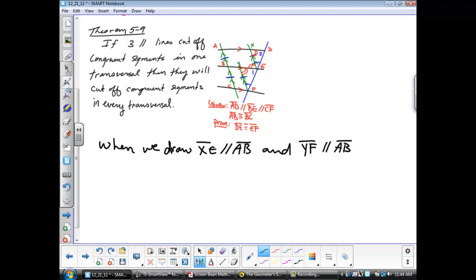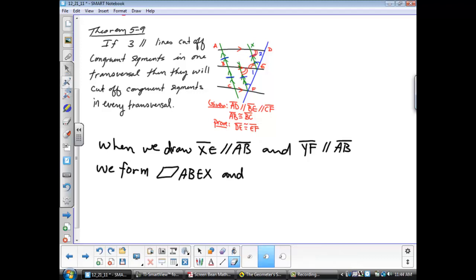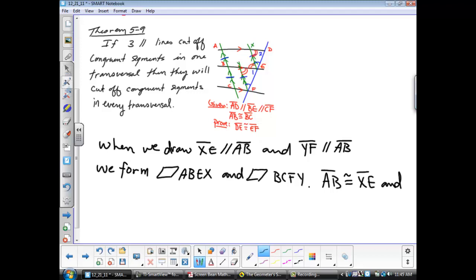We form parallelograms ABEX and BCFY. In those parallelograms, AB is congruent to XE and BC is congruent to YF, because opposite sides of parallelograms are congruent.